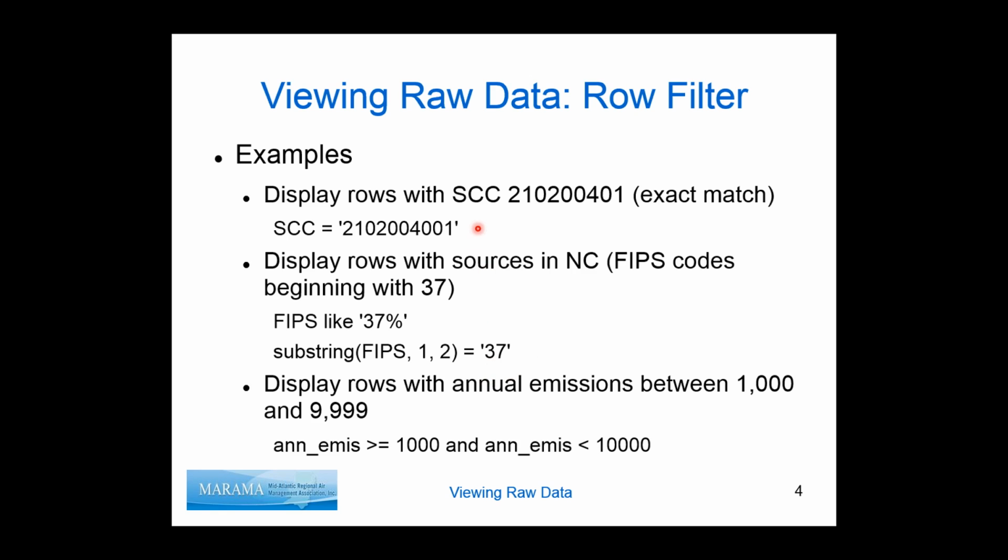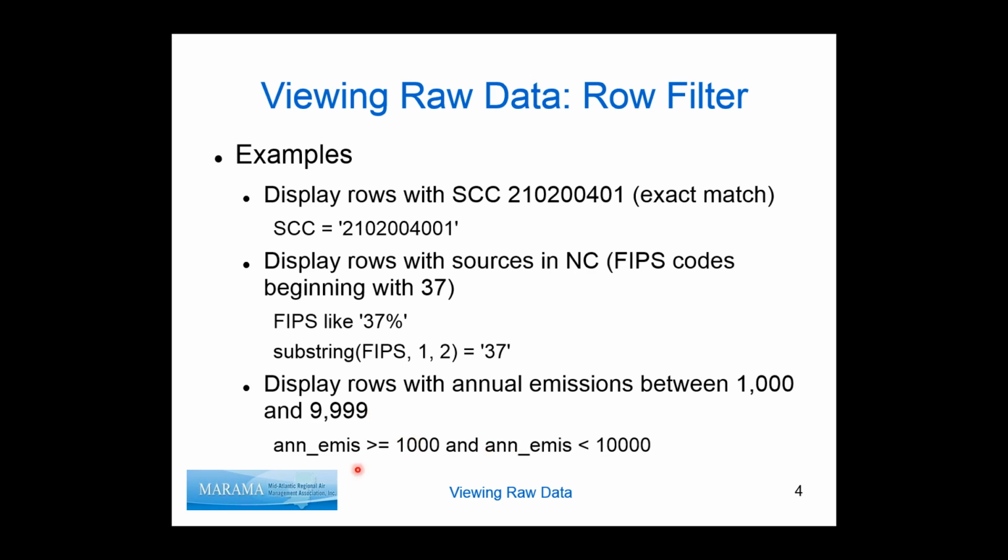Now, besides string stuff like we've talked about with SCC or FIPS matching, we can also run filters where we're filtering the emissions values, for example. In this case, we have a filter where we want to display the rows where the annual emissions are greater than or equal to 1,000 and less than 10,000.